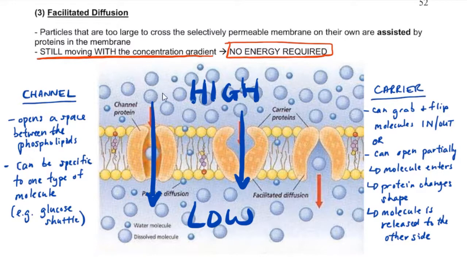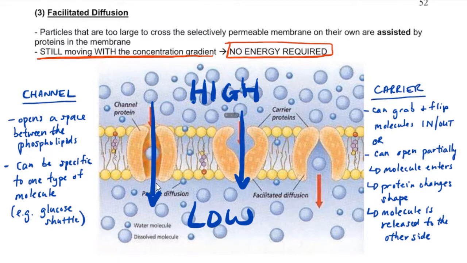So what do we have? Well, in one case, we've got something called a channel protein. And basically, it just opens up a space between the phospholipids that certain particles are able to go through. Now, it doesn't just mean that if you're of a certain size, you can get through, although there are some channel proteins that would be like that. It could be that maybe the channel itself is negatively charged.